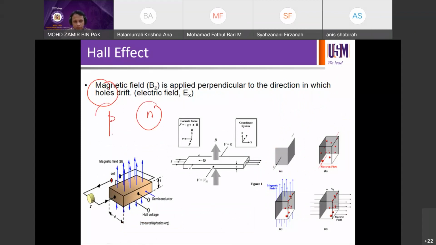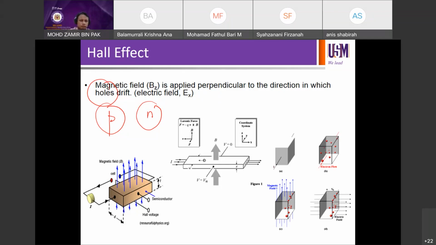Why is it p-type? Why are we talking about p-type here? Because holes are the majority carriers. Go back to this. Majority carriers.